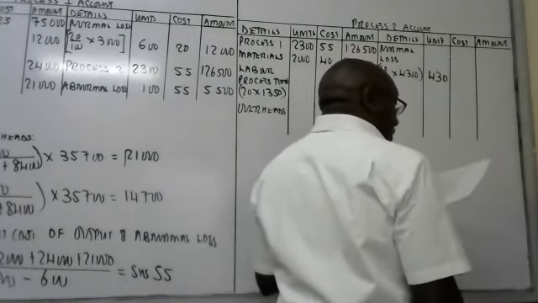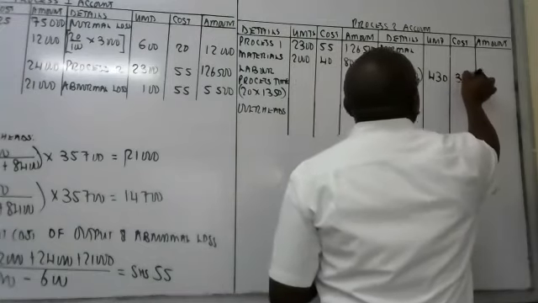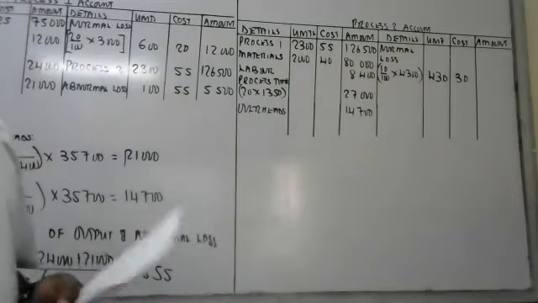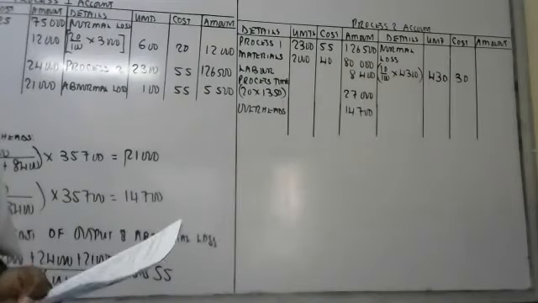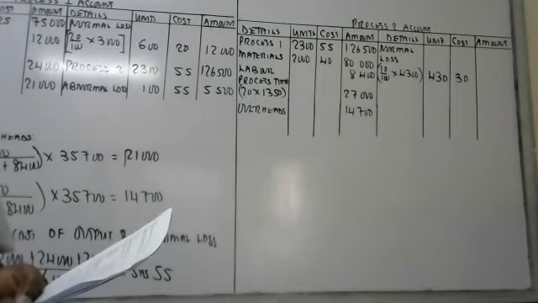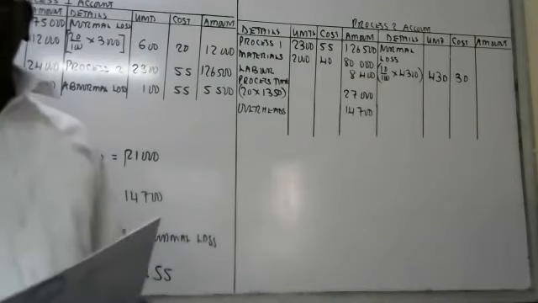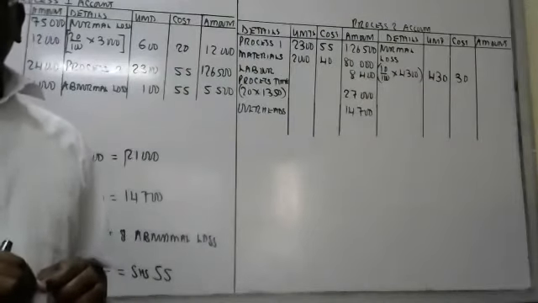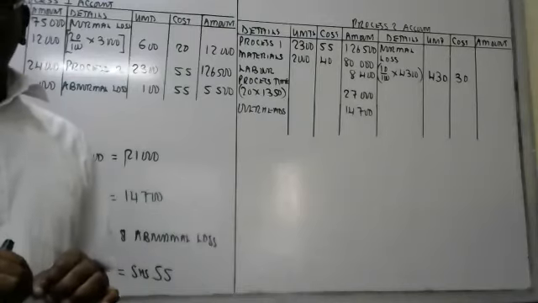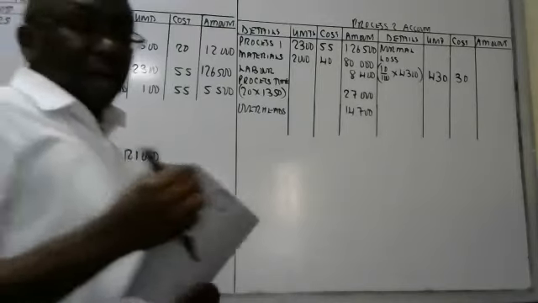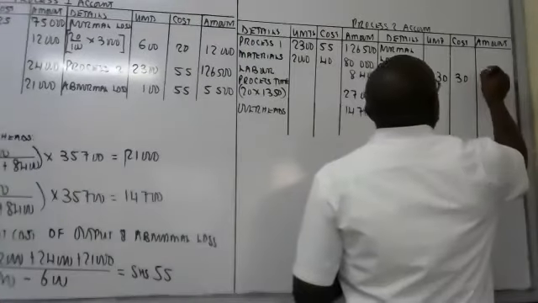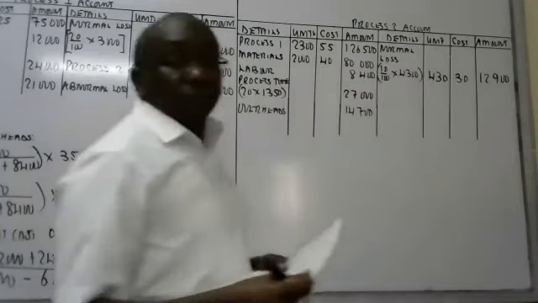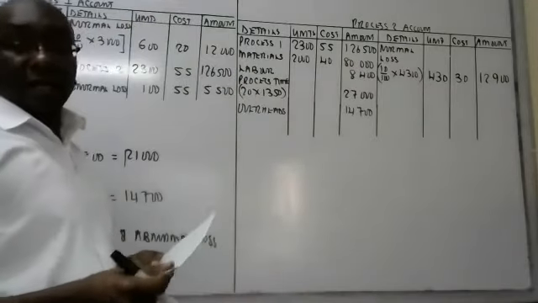And we are told each unit is going for 30 shillings. So multiply that, 430 times 30 is how much? Yes, Simon, 12,900.